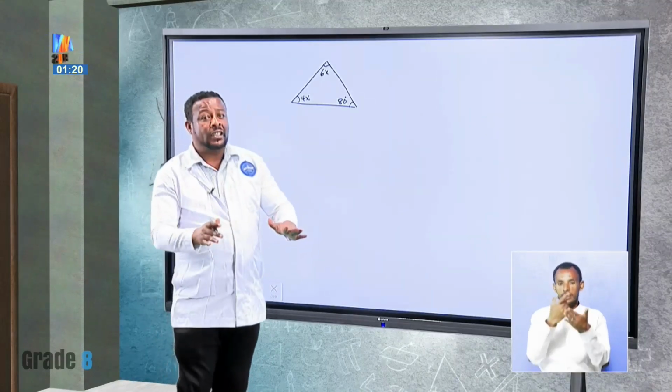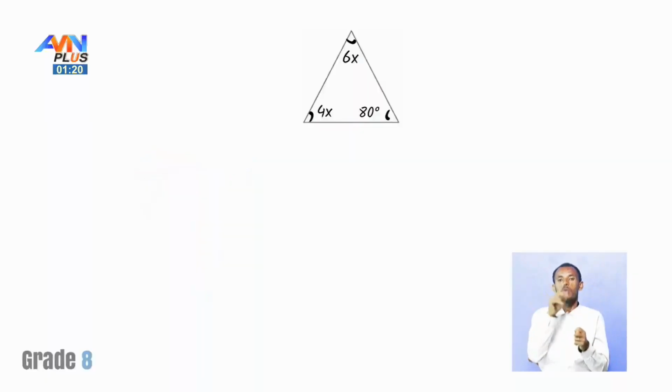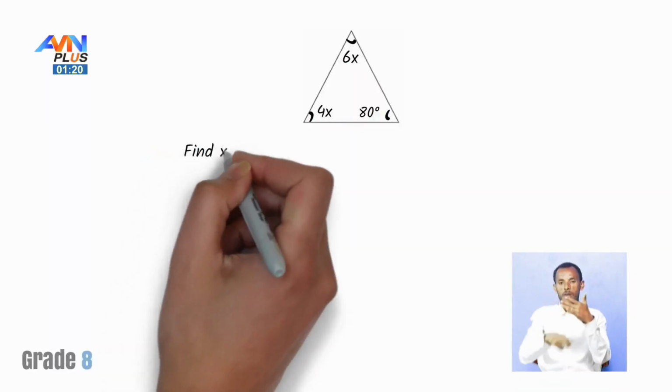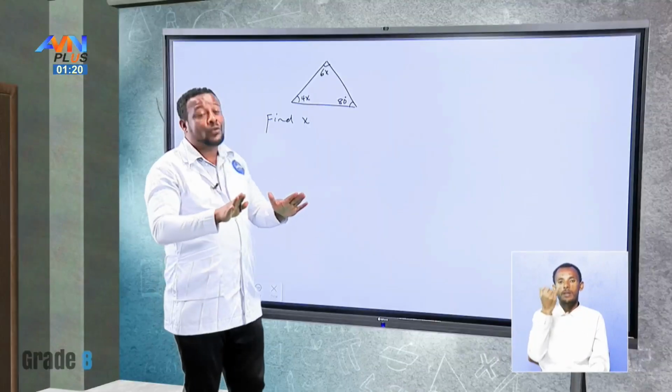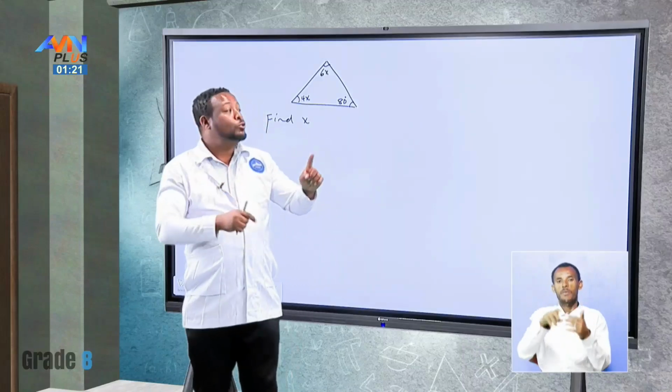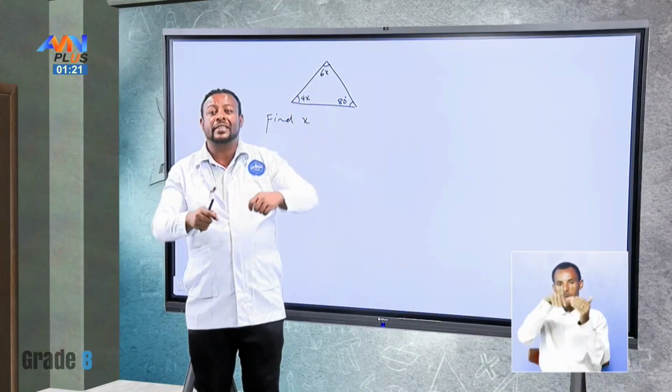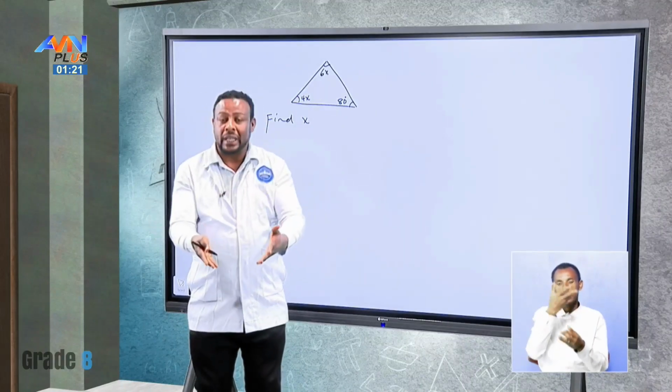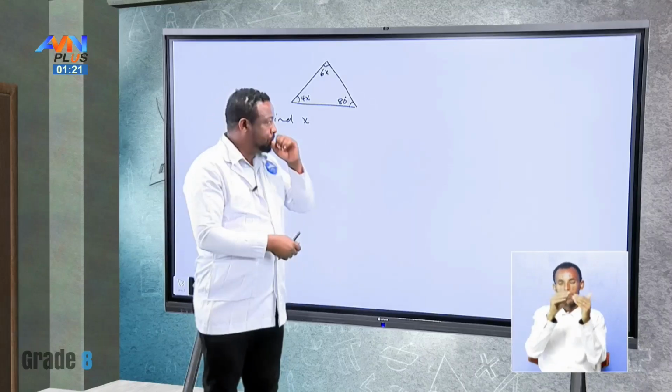In this triangle, if you are asked to find the value of x, you need to add all these three and sum it up, and the result is 180 degrees.